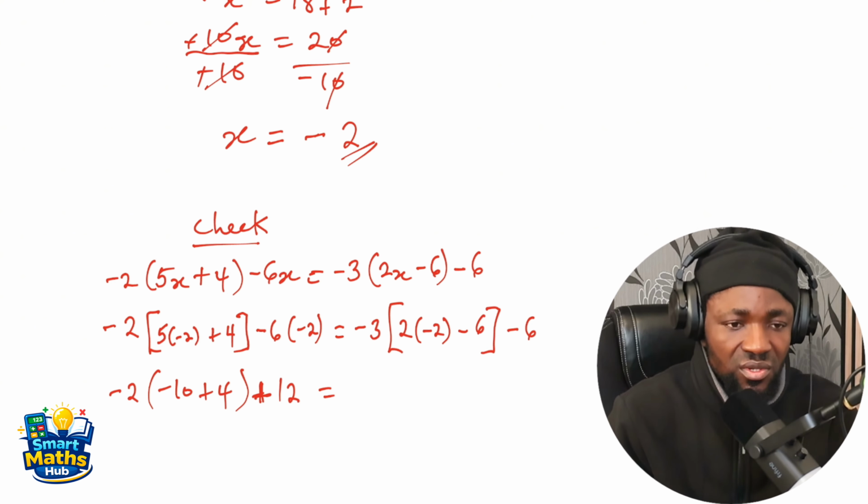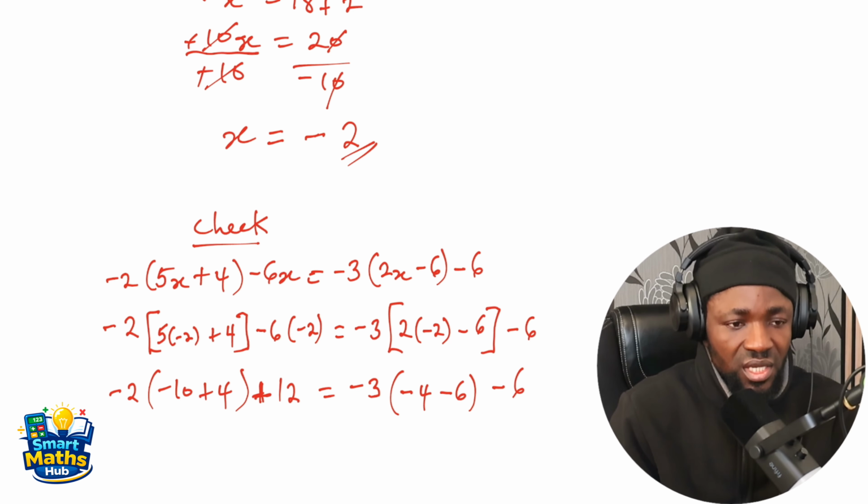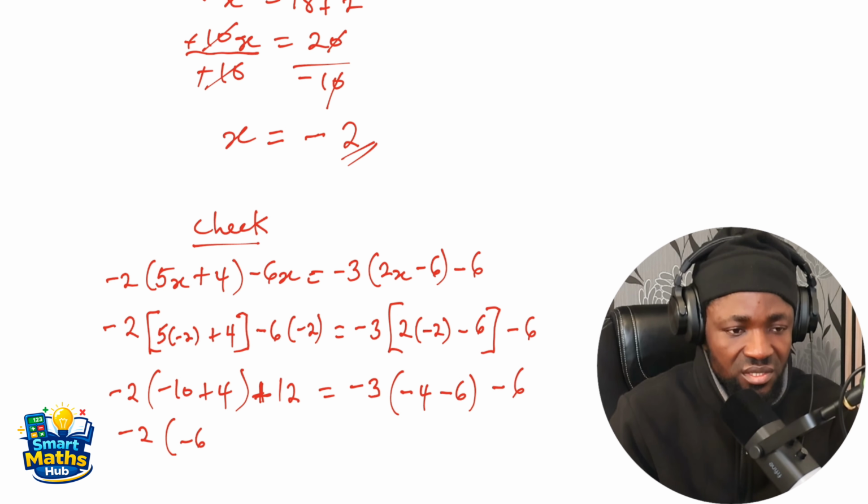Equals to, here we still have minus 3, open the brackets. Minus 4, 2 times 2, we have 4. Then minus 6, close the bracket. Here, minus 2, open your brackets, minus 10 plus 4, you have minus 6.